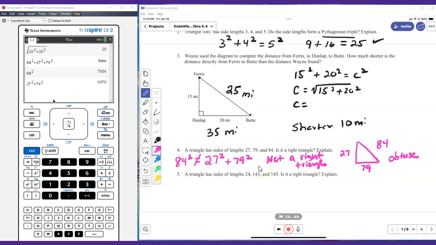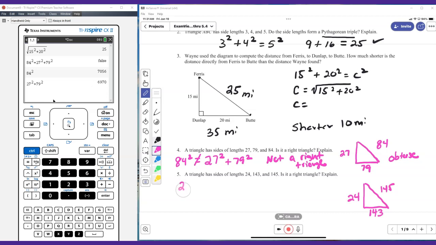Number 5, a triangle has the side lengths of 24, 143, and 145. So here is my triangle. This is 145, of course, it's not drawn to scale, 143 and 24. And if it's a right triangle, the Pythagorean theorem will be true.